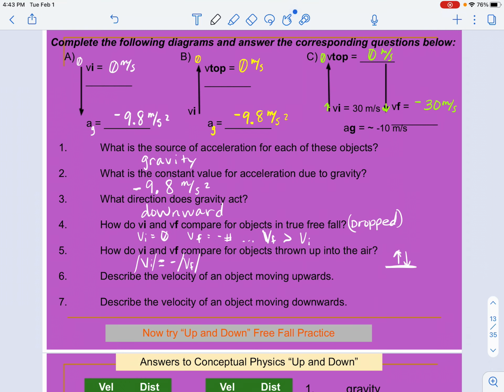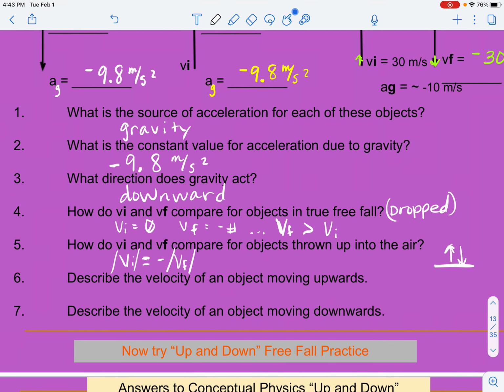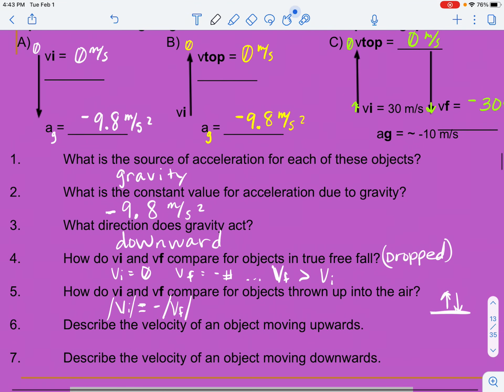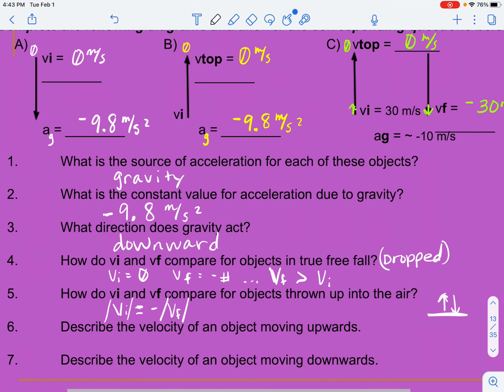Describe the velocity of an object that is moving upwards. Now, when our objects are moving vertically upwards towards the sky, I need you to understand that those have to be positive velocities. So my object is going to have a positive velocity because it is moving in the positive direction.